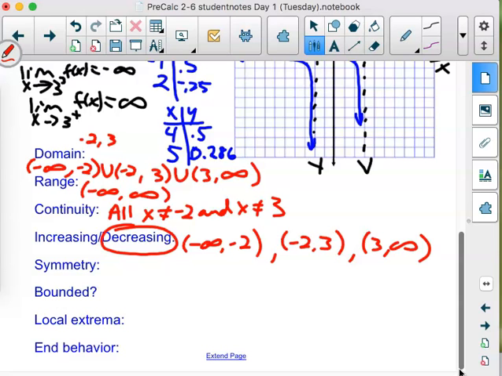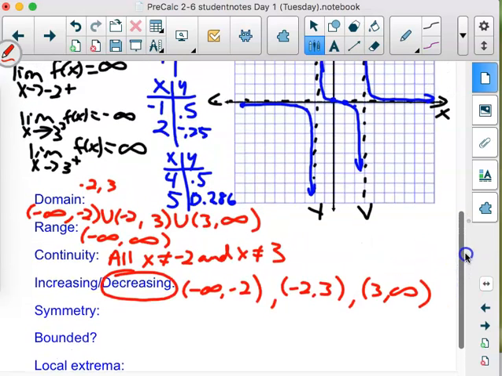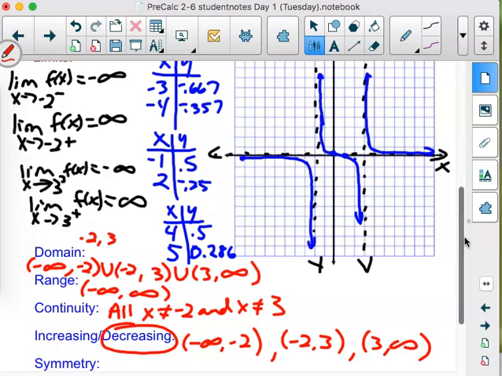All right. The next question is symmetry. And remember, we only get two types at this level. It's either even, where it would reflect over the y-axis, or it's odd, which means it's going to be 180-degree rotational symmetry. And I think we can see with this one, because our asymptotes were at -2 and at +3, that's not going to happen.